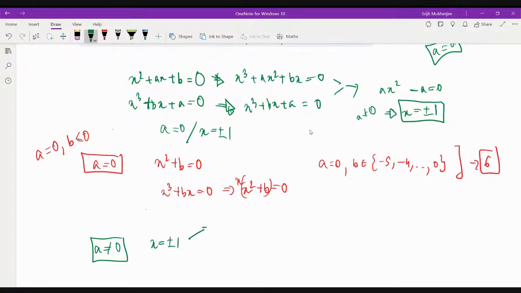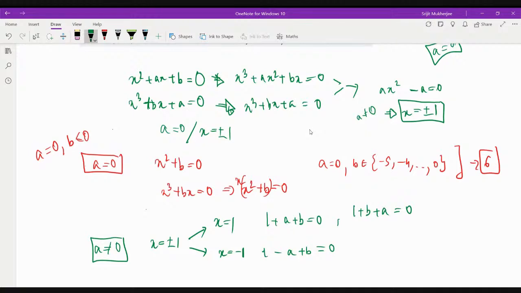Let's put that in. If x is equal to 1, we have 1 plus a plus b is equal to 0 and 1 plus b plus a is equal to 0. It's coming up perfectly. For minus 1, it is 1 minus a plus b is equal to 0, and minus 1 minus b plus a, that is the same. So we are getting these two equations.